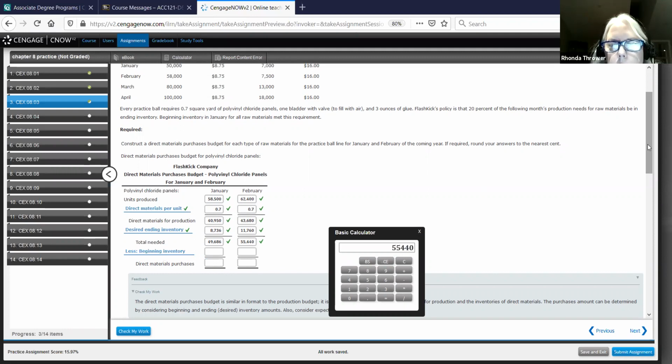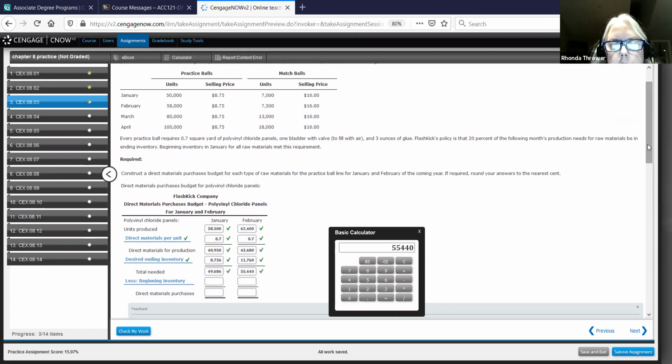And let's see what it says about beginning inventory. It says beginning inventory for January for all raw materials met this requirement. So what we're going to have to do is figure out what the ending inventory was for December, and that will become the beginning inventory for January.